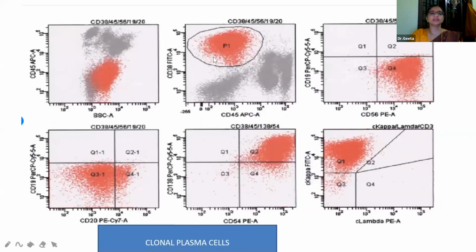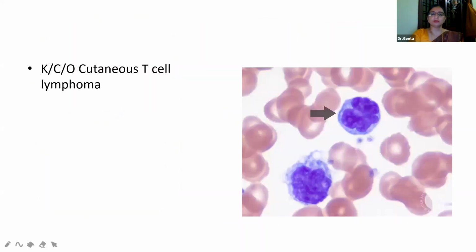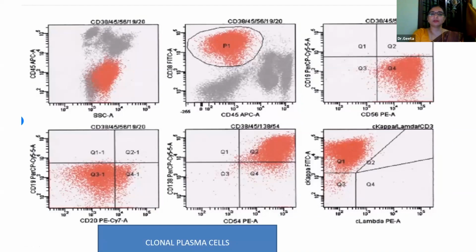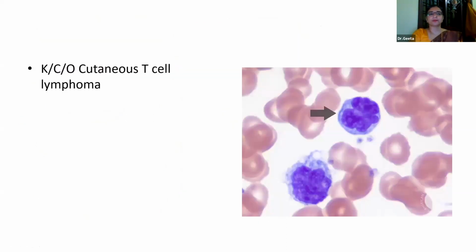So these plasma cells are acquired from the CD45 dim area as compared to other mature lymphocytes because these fall in the same gate as the blast, and then they are delineated using CD138 and CD38 positive population, and then we see for the clonality. So here clearly it is kappa clonal. So it's a clonal plasma cell population indicative of malignant plasma cells.